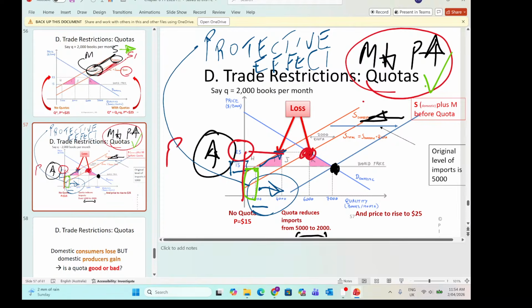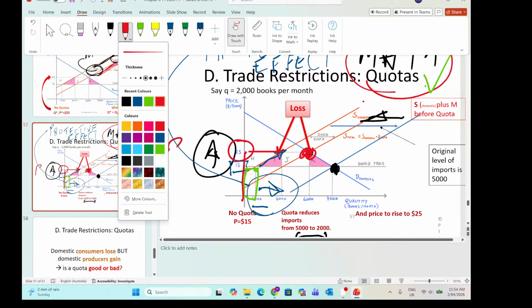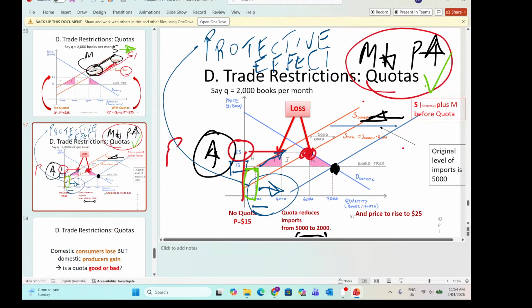The firm produces 4,000, and so the firm is now earning the red rectangle. So it goes from the green rectangle to the red rectangle. So naturally, the local firm gains out of this transaction.